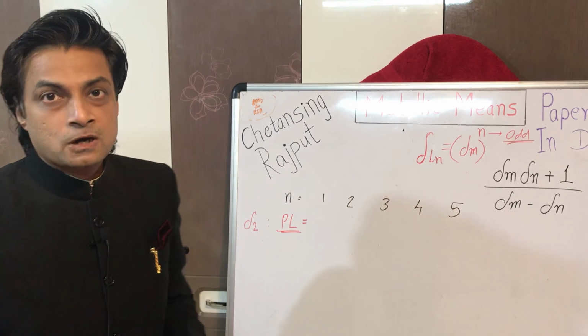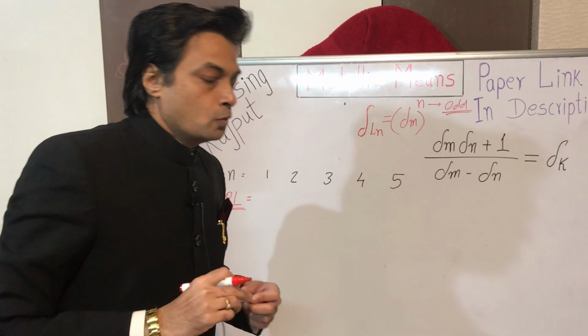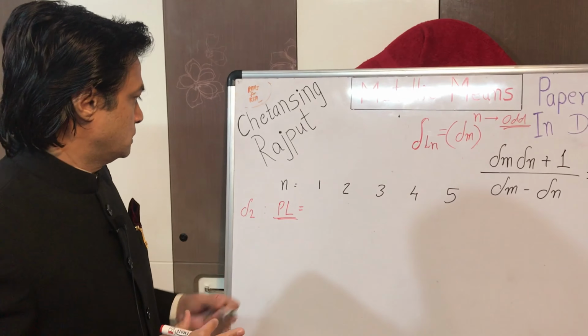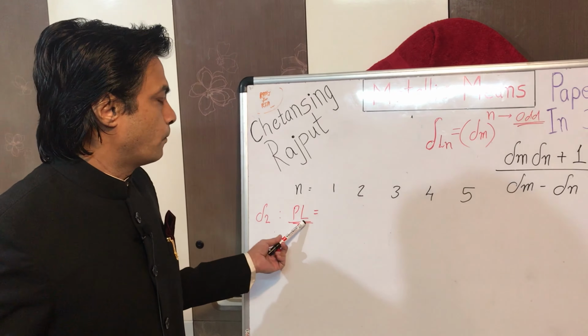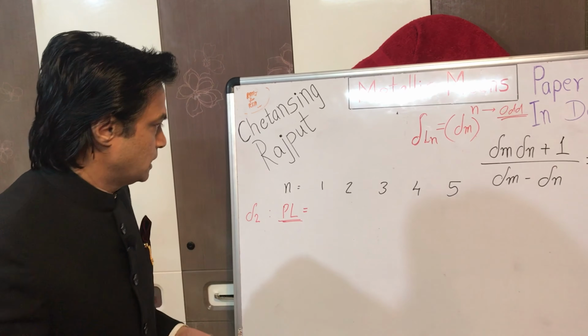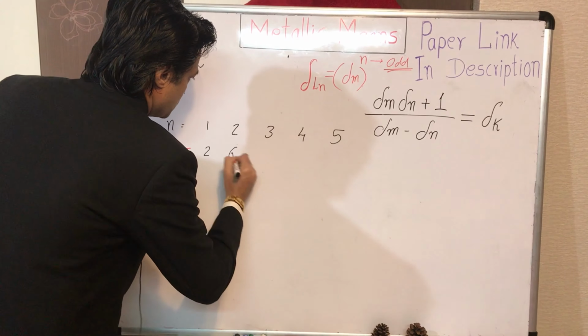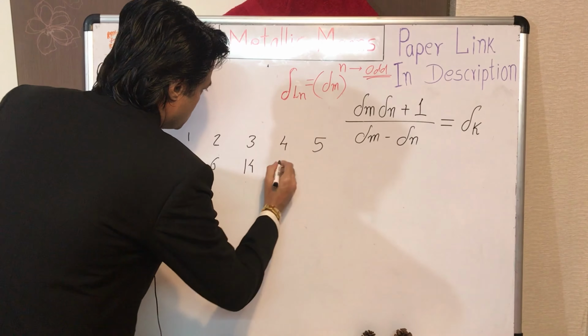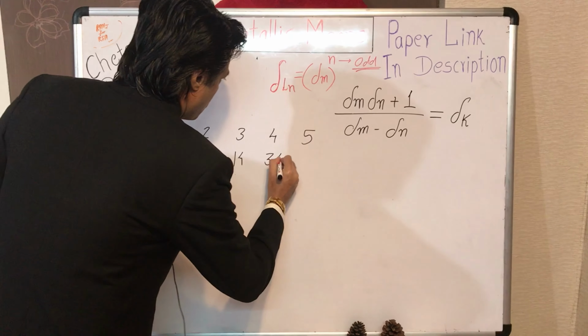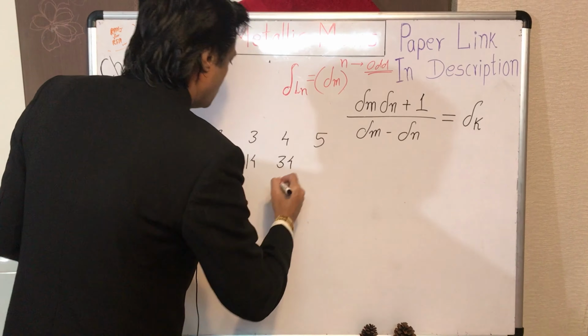For Fibonacci numbers and the golden ratio, we had the Lucas sequence. For the silver ratio, we have the Pell-Lucas sequence, which is like 2, 6, 14, then 34 and 82, and the sixth term will be 198 and so on.